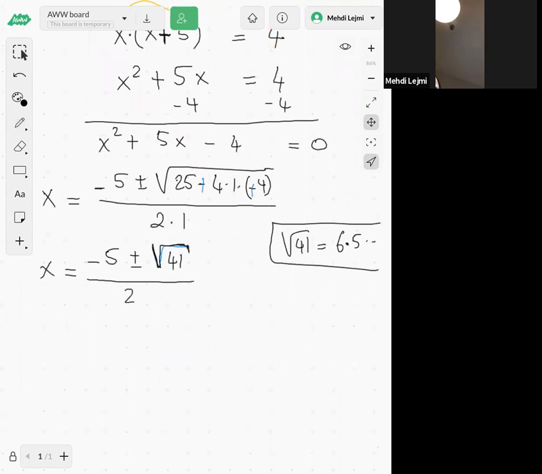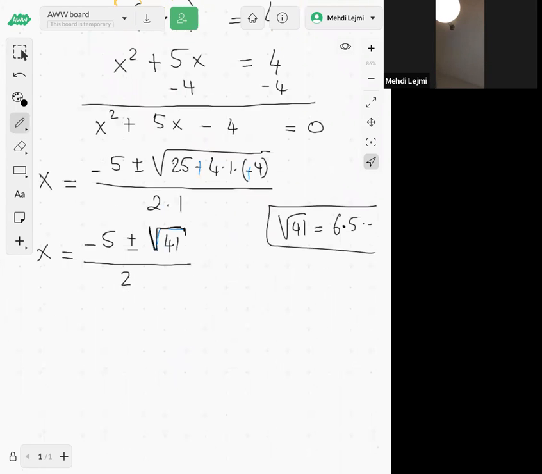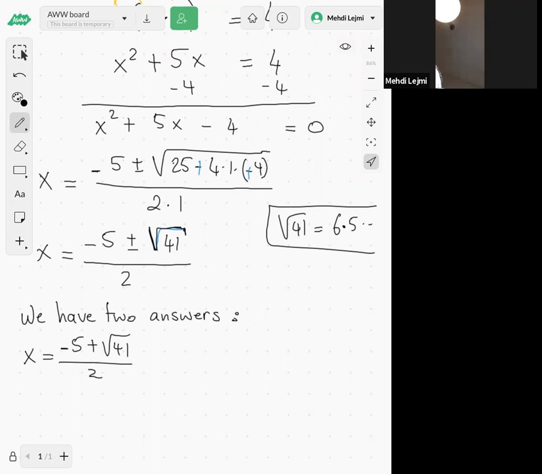Anyway, so then we have two answers. We have x equals minus 5 plus the square root of 41, over 2, which is approximately, if you use a calculator, 0.7 or something.